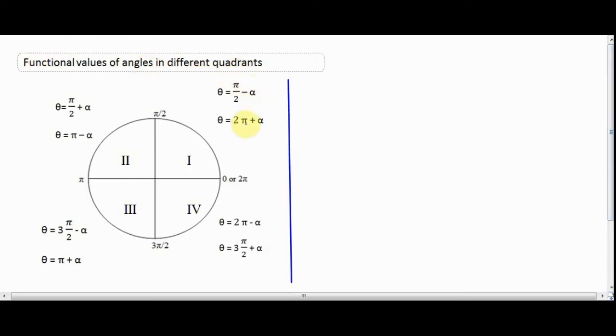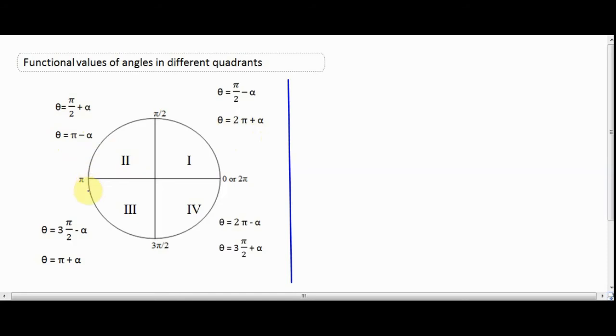quadrants. Okay. So in the first quadrant, if the angle theta belongs to the first quadrant, then theta may be expressed like this, pi by 2 minus alpha, or theta can be expressed like this, theta equal to 2 pi plus alpha. Okay. The same way, if the angle theta belongs to the second quadrant, then it may be represented like this, theta equal to pi by 2 plus alpha, or theta equal to pi minus alpha.